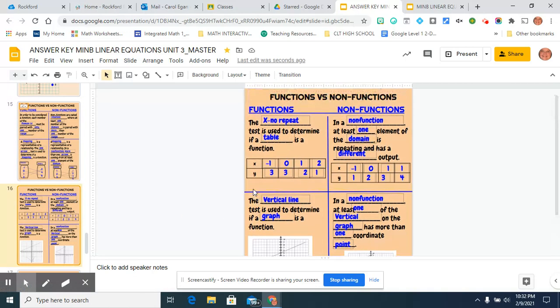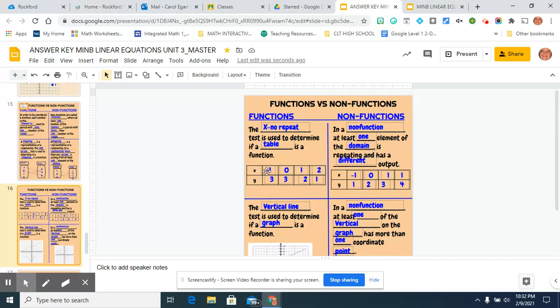When we look at a table, we're going to look at the x coordinates. As long as none of them are repeating, it is a function. If one of them is repeating and they have the same exact output, then it's okay, but that would be silly. Why would we write the same coordinate point twice? So just focus on the x coordinates. None of them repeat, your table's a function.